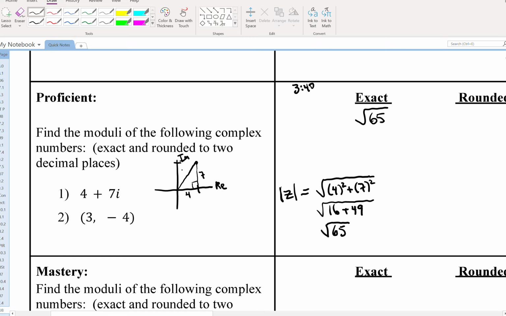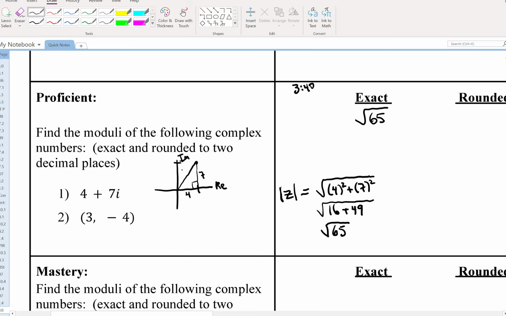If we could simplify that, we would, but if you take 65 and break it into its prime factors, it comes down to 5 times 13. And so there is only one 5 and there's only one 13, so you cannot simplify it as a radical any more than that.